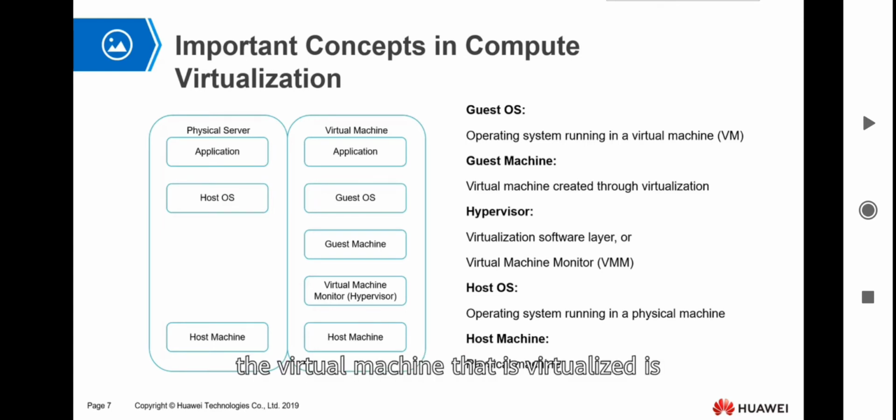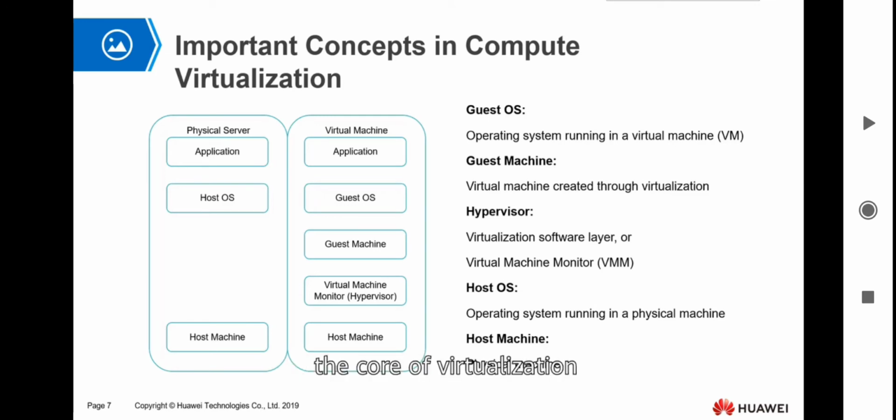Then, the virtual machine that is virtualized is called the guest machine. The operating system installed on the virtual machine is called guest OS. Let's revisit. The real physical machine is called host machine. The operating system installed on the physical machine is called host OS.